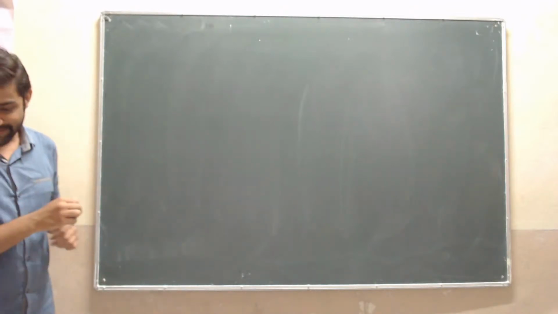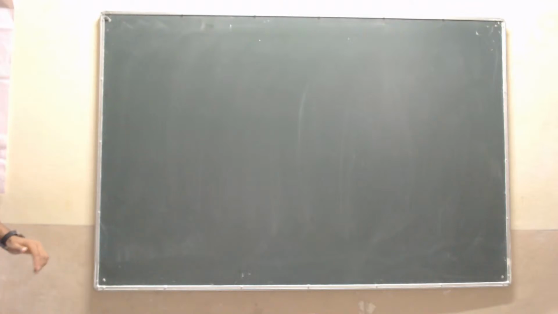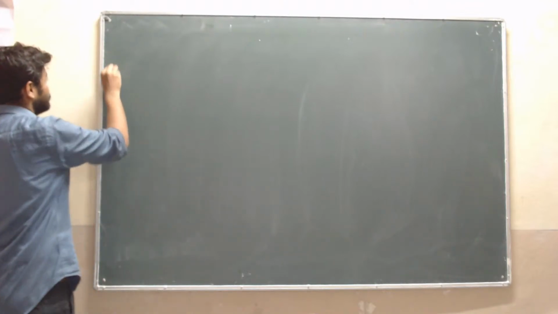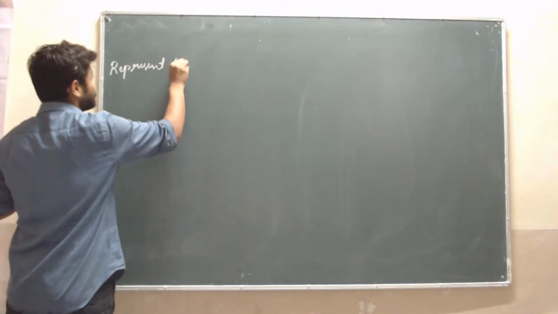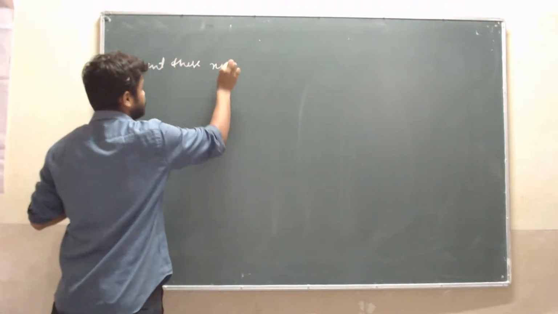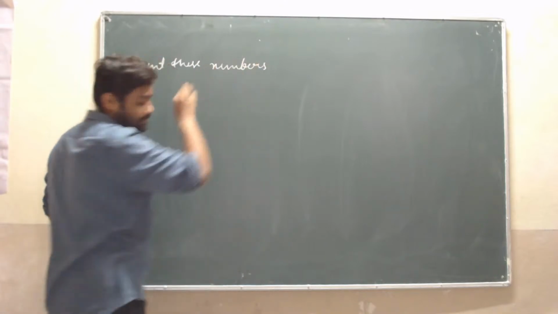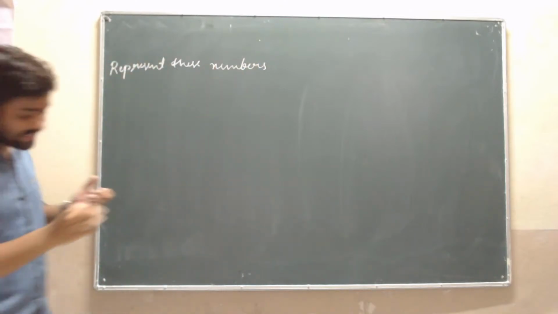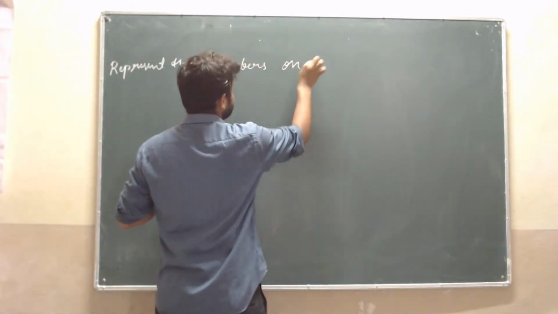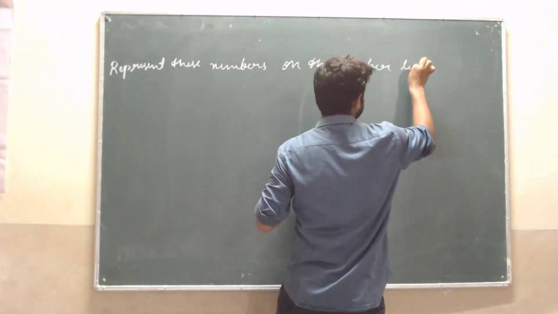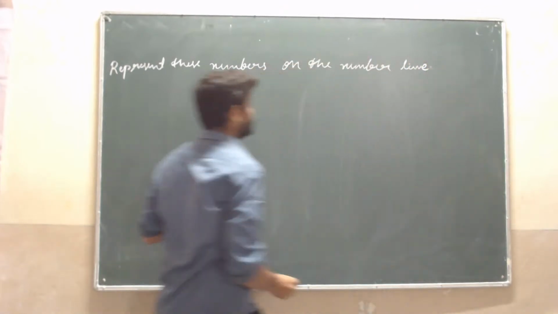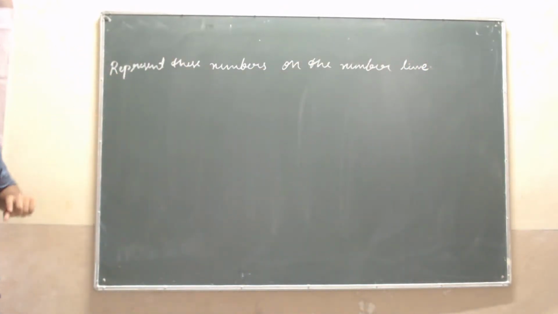And the next question we have is to represent these numbers on the number line. What are the numbers? Let's see.